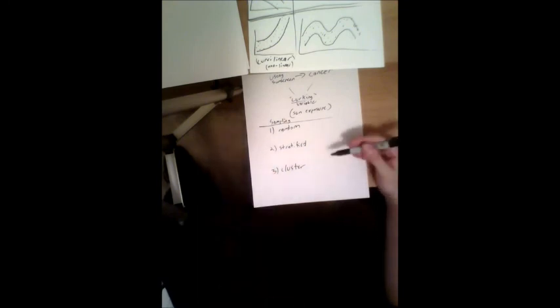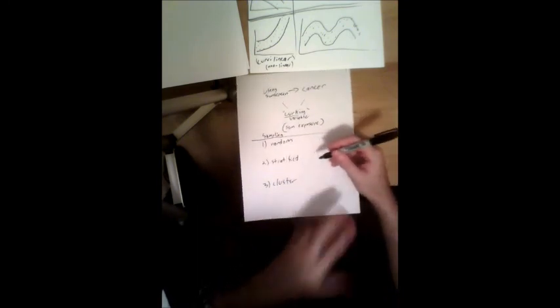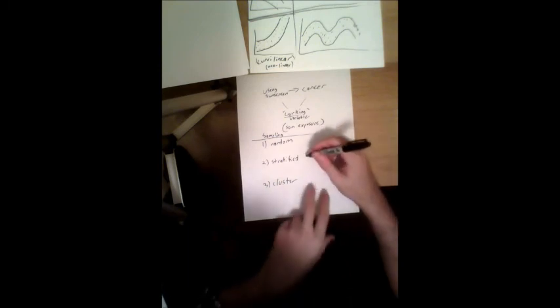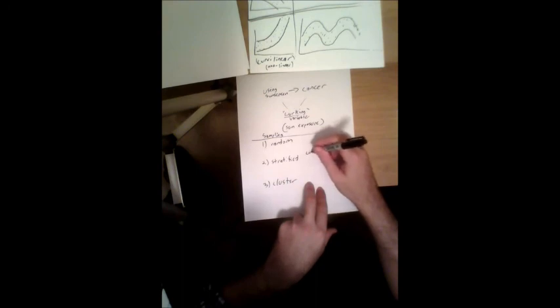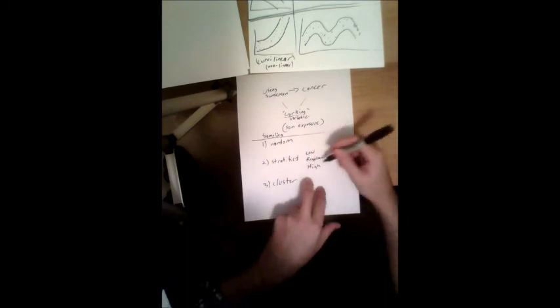Okay, stratified sampling, here's the idea. If I want to look at some blood pressure medication and I want to see how well it's working, it's a good idea to look at low blood pressure, regular, and high blood pressure, right?